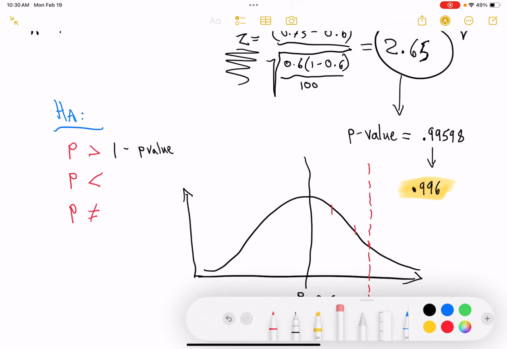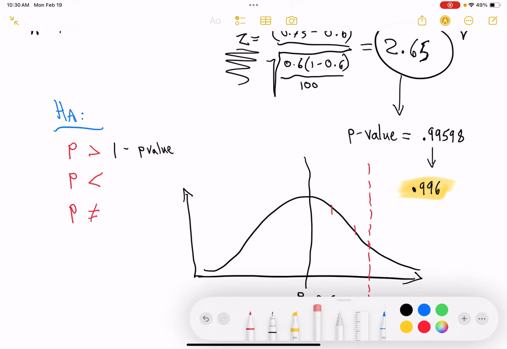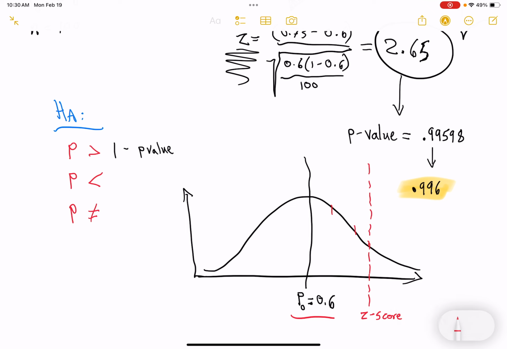Silly me. This is the z-score that tells us our proportion, our p-value. Now, there's an issue here, because in the first case that I've given you, our proportion is greater than the p-value. That's asking for this data right here. What are the odds that we hit this z-score or go beyond it?